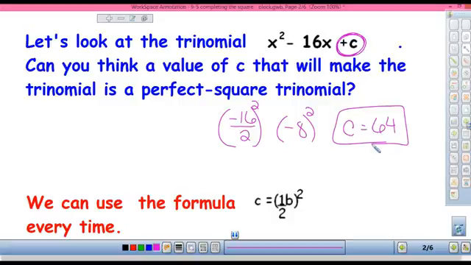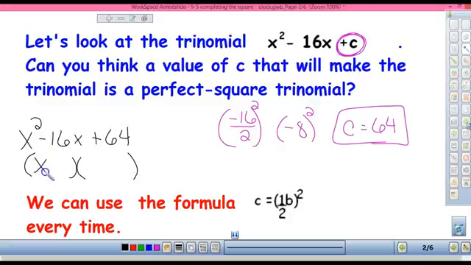Because now if I have x squared minus 16x plus 64, and I want to factor this, what are my two factors? Yeah, x minus 8 and x minus 8, which is x minus 8 squared.